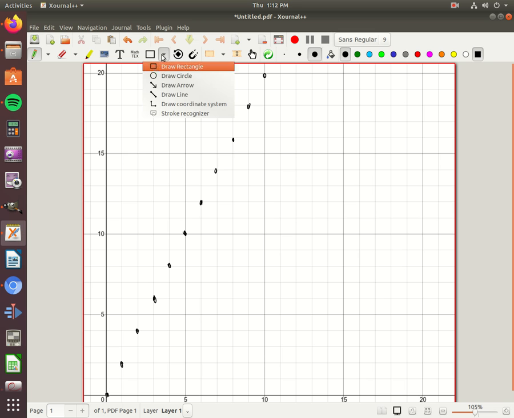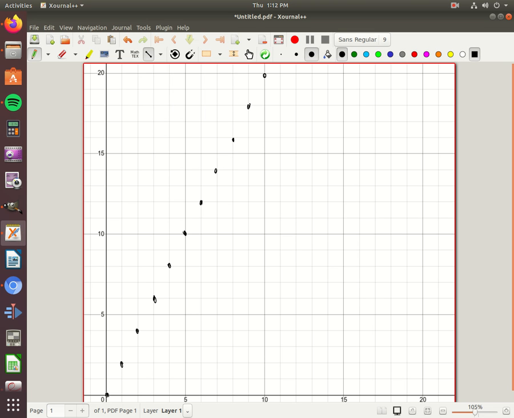We can use our straight line tool, and I'll fill this in. This is Leslie. So we'll say Leslie, and her equation was y equals 2x.